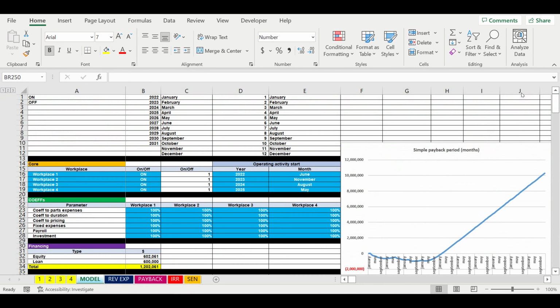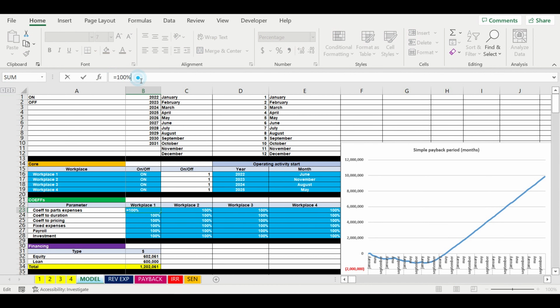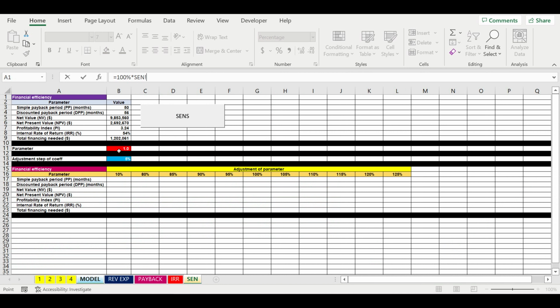Now let's go up and see how the cost of parts affects, for example in workplace number 1, the financial efficiency. So what we do is put here equals and multiply it by this red cell. This is the coefficient. Then I press enter.